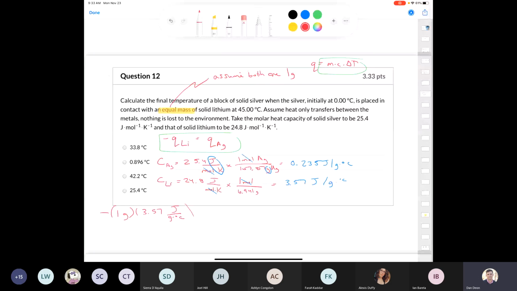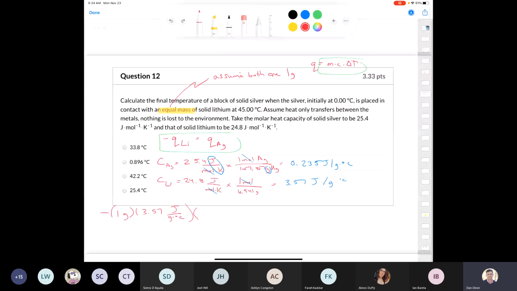The delta T for my lithium, the final temperature, we don't know, so it's going to be TF. Why don't we just call it X, because they're both reaching the same temperature.